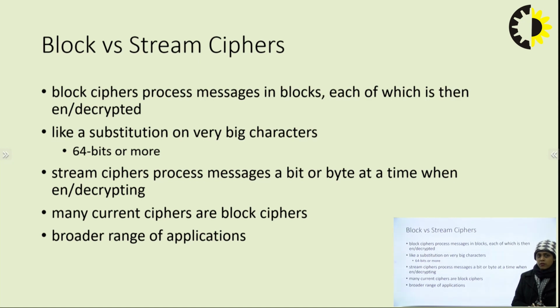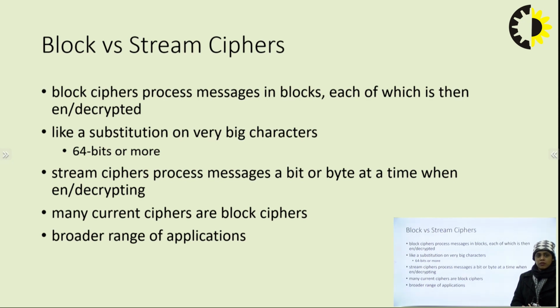In block cipher, we process the messages in the form of blocks, each of which is then encrypted or decrypted. Encryption will take place on the sender side and decryption will take place on the receiver side. Basically we are going to deal with 64 bits or more, not less than that.